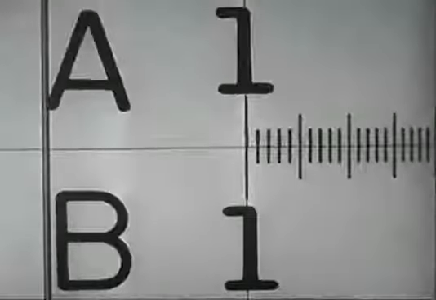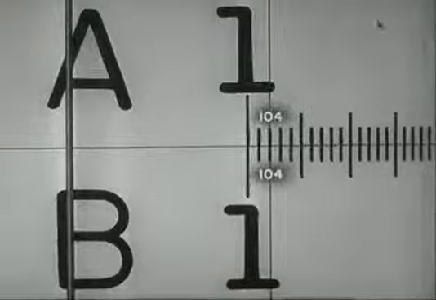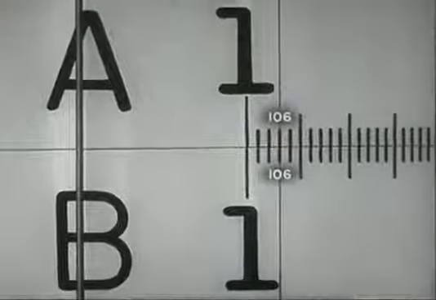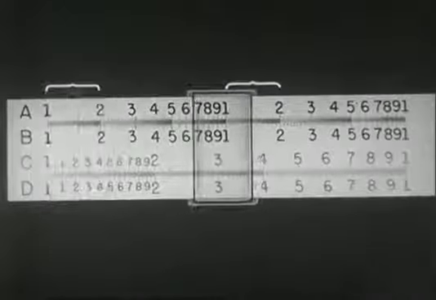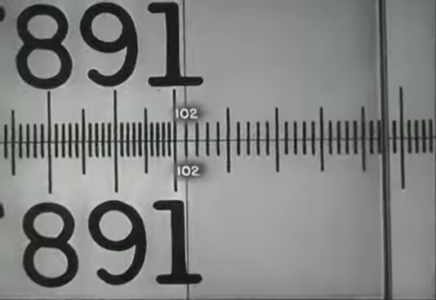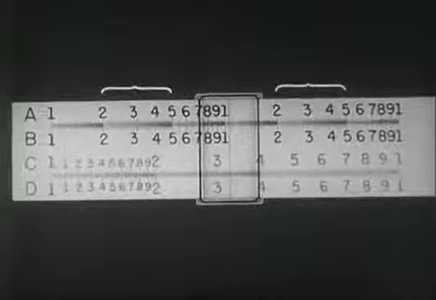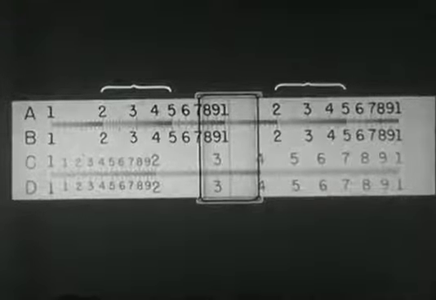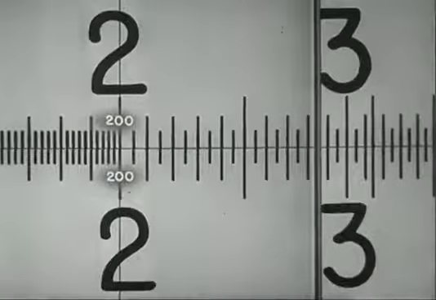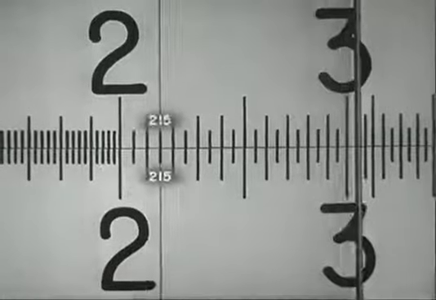For example, 100, 102, 104, 106. Within these brackets, each smallest division is read as a 5. For example, 200, 205, 210, 215.